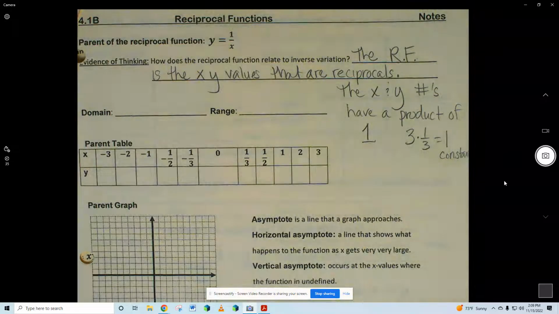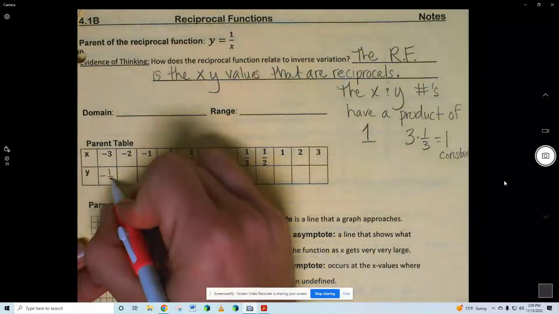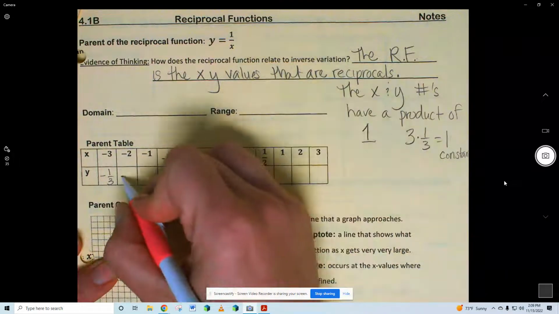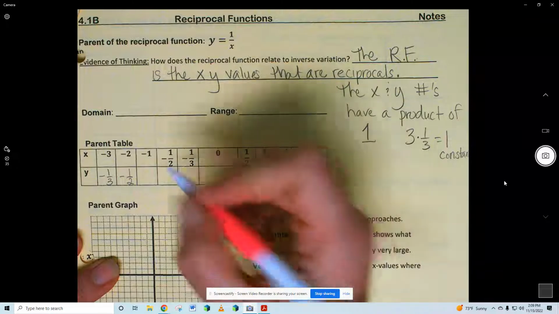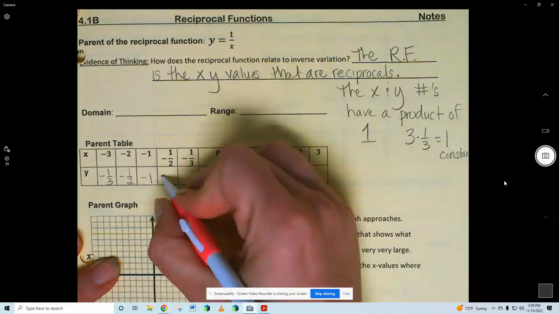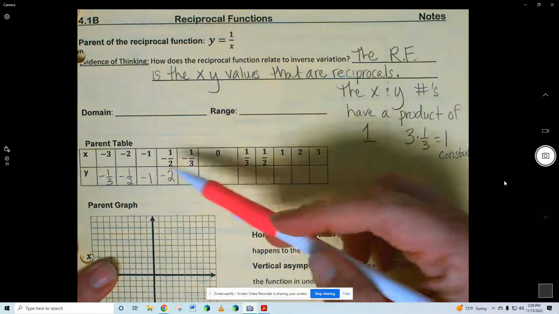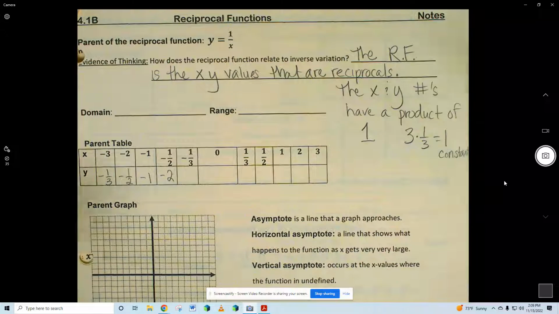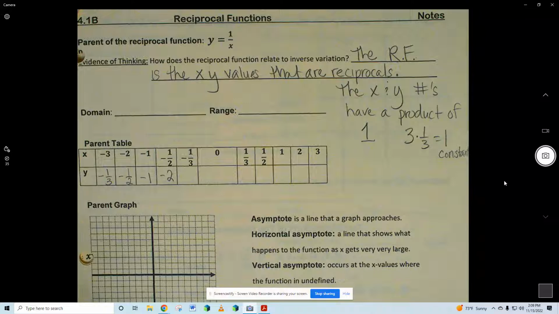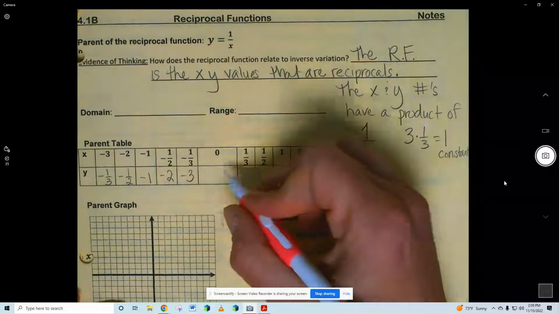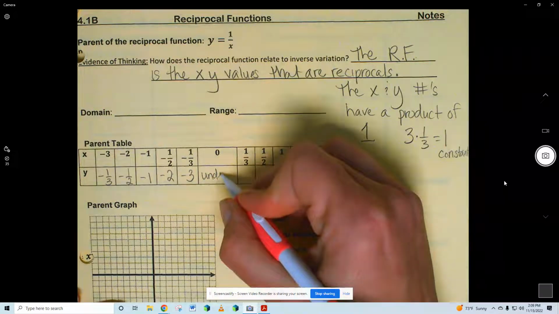So I'm sure that you can figure out what the rest of the table of values is going to be based on, so here's -1/3, -1/2, -1. So notice that these two together would make a 1 if I multiplied them. -3. 0 would be undefined.